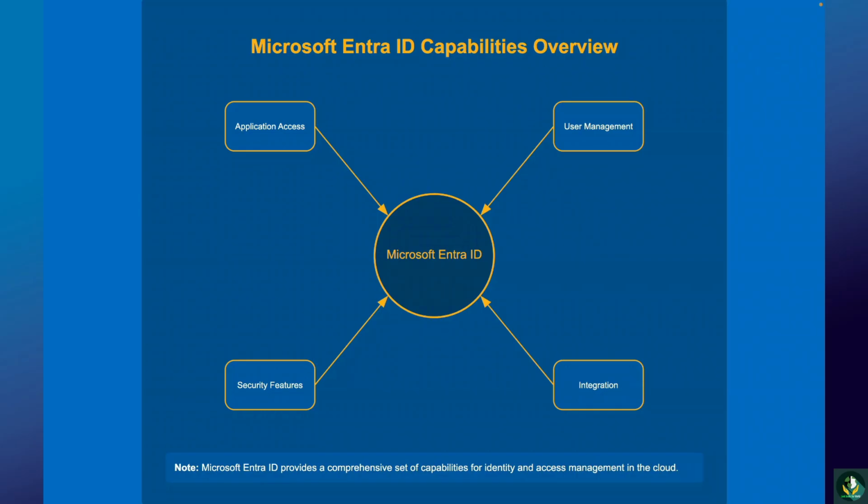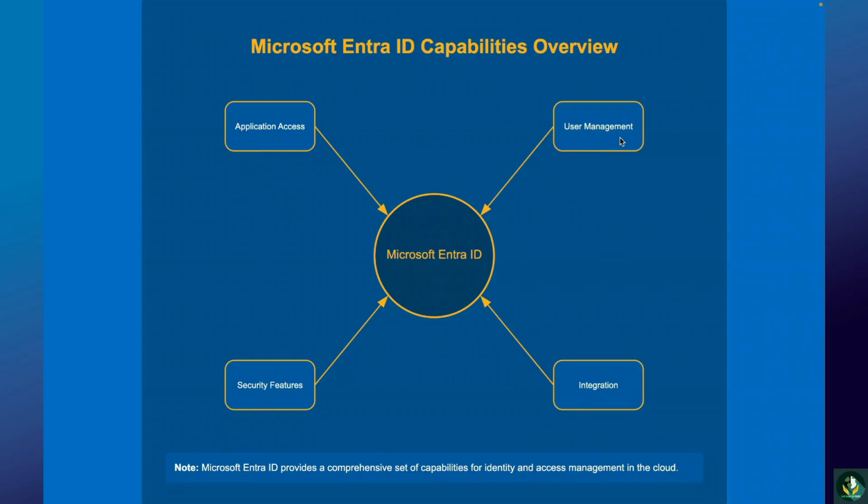Entra ID simplifies and secures access to various applications. It enables single sign-on, or SSO, for cloud-based SaaS applications, streamlining the user experience while maintaining security. So this feature allows organizations to centrally manage application access across their ecosystem. The second main area of Entra ID capabilities is user management.